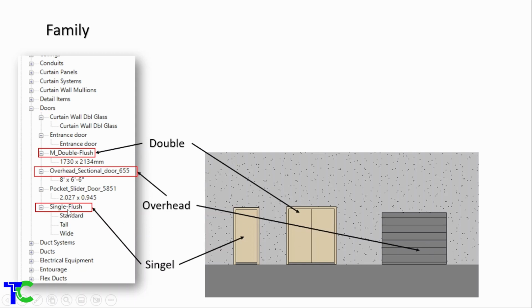Each of these is more specific and is an example of what a family is. Category is when we say doors, but that's general and does not specify what type of doors we are talking about. But the family is when we want to get to a very specific type of door.